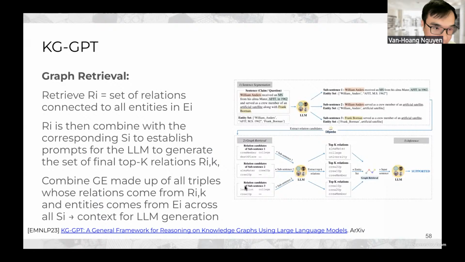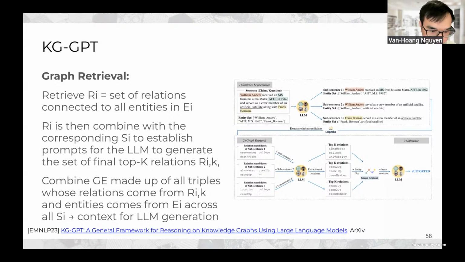After we have obtained the entities of each sub-sentence, we'll try to retrieve the set of relations that are connected to all the linked entities in the knowledge graph. And then this set of relations is combined with the corresponding sub-sentence to establish the prompts for the LLMs to generate the sets of the final top K relations, R_i^K.